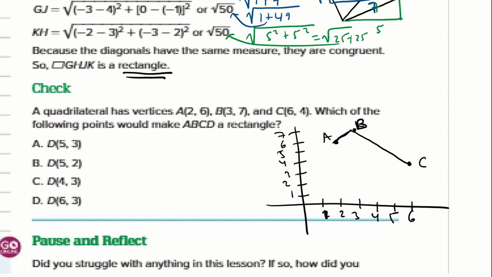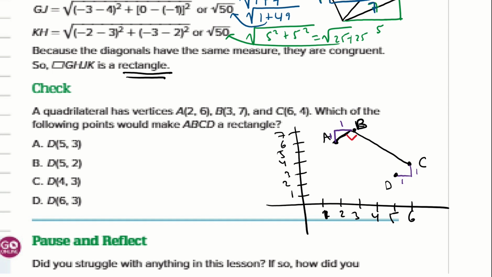Well, we know that in a rectangle, this has to be a right angle. So what we can do is let's count, rise over run, to see what we get. If we go up 1 and then over 1, we have to do the same thing here: we're going to go down 1, over 1. If I go down 1 and over 1, that gives me 5, 3.